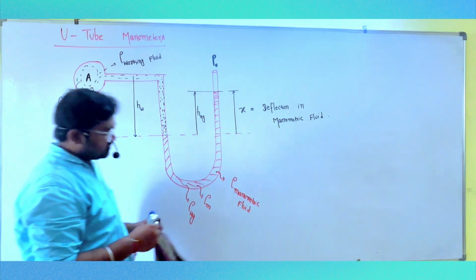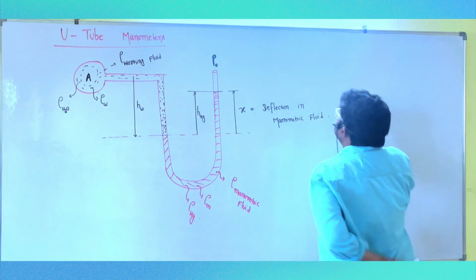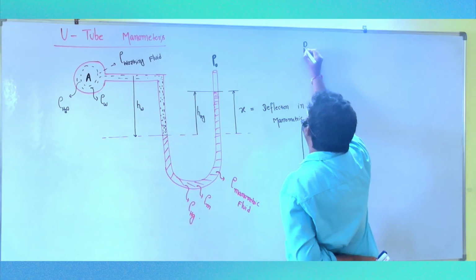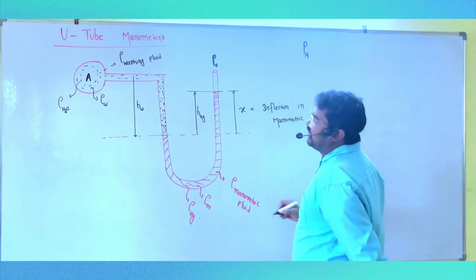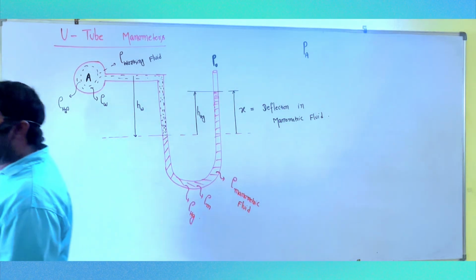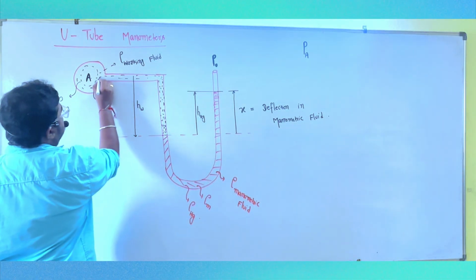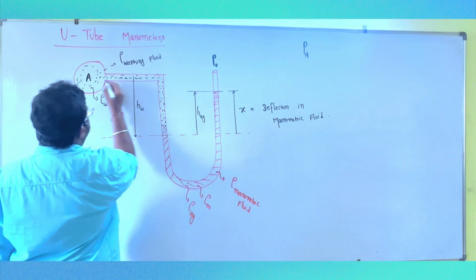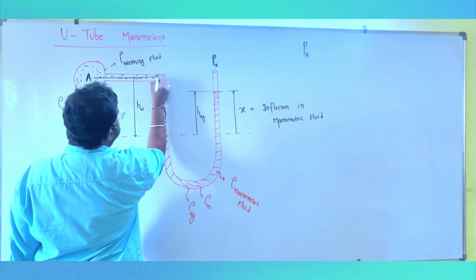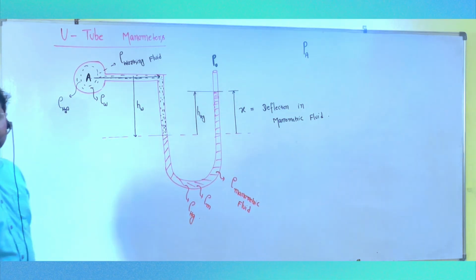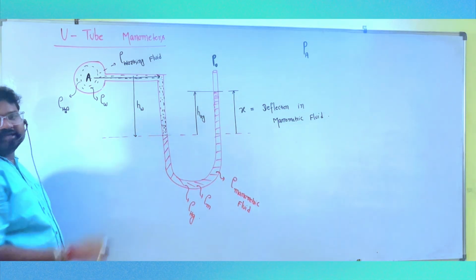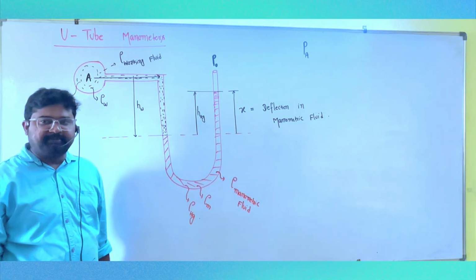Start from A, PA, the pressure at a cross section in the pipe. Moving horizontally, pressure is the same. Pressure at any point in the same line must be the same.